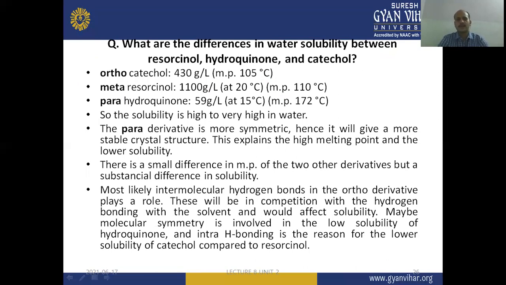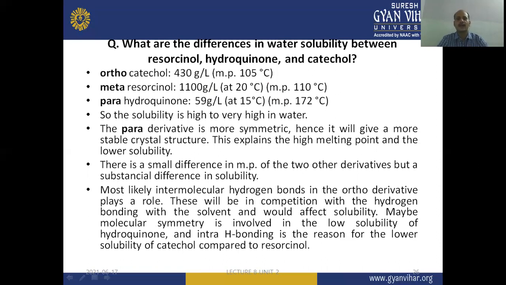The meta derivative, like resorcinol, has a solubility of 1100 gram per liter at 20 degrees centigrade and a melting point of 110 degrees centigrade. The para derivative, like hydroquinone, has less solubility, 59 gram per liter at 15 degrees centigrade, and a melting point of 172 degrees centigrade.